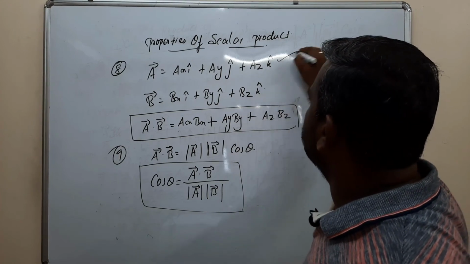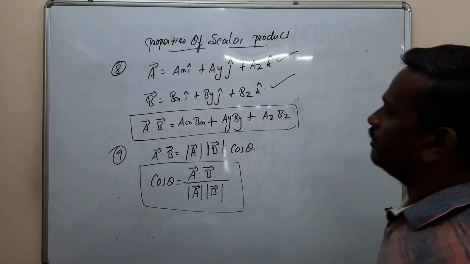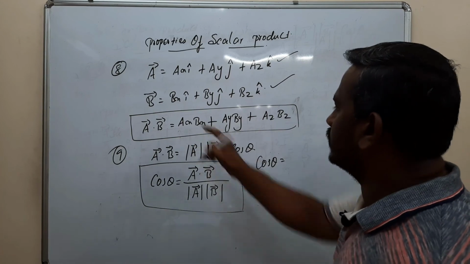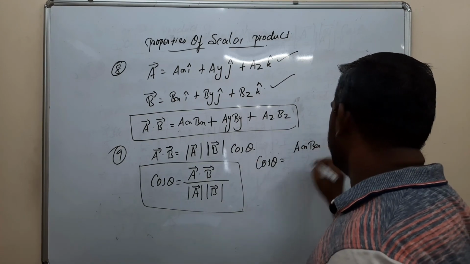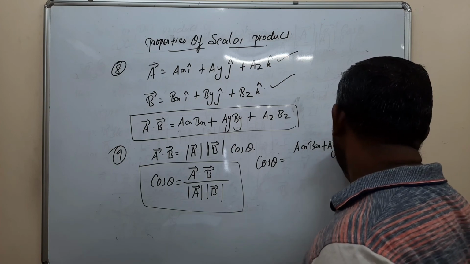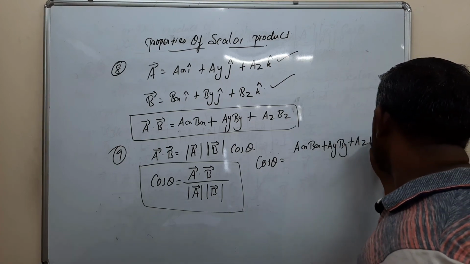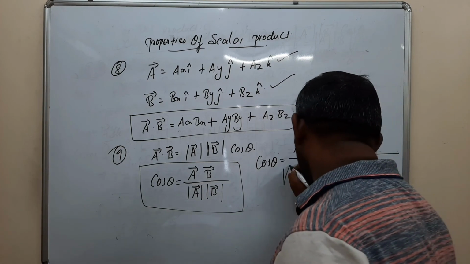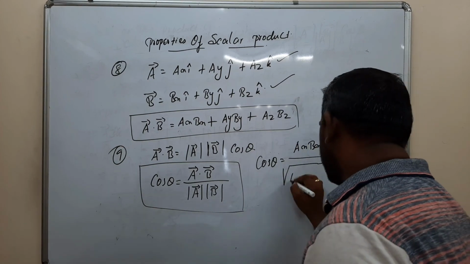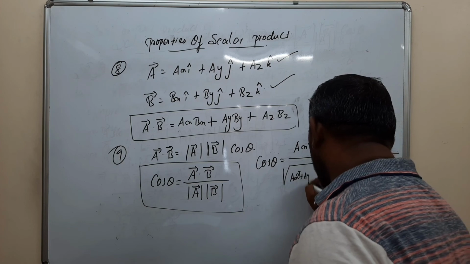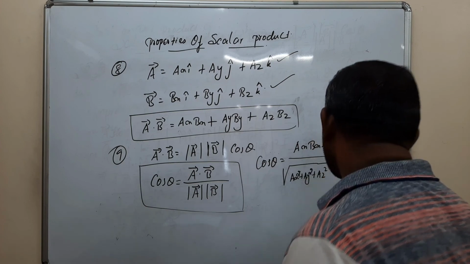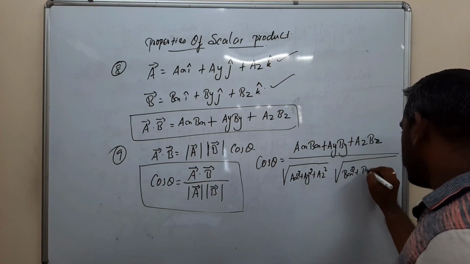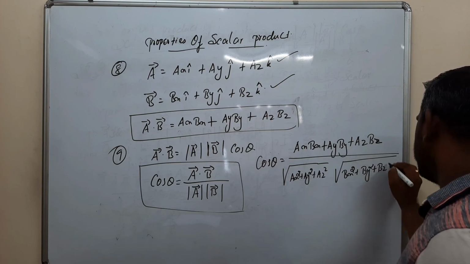If the vectors are in rectangular coordinate form, we can write the formula as cos theta is equal to Ax Bx plus Ay By plus Az Bz, divided by the square root of Ax square plus Ay square plus Az square, into the square root of Bx square plus By square plus Bz square.